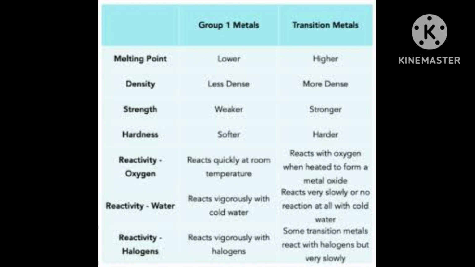You should remember: ferrous minus 0.44, cobalt is minus 0.28, nickel is minus 0.25, and copper is plus 0.34. Correct? This value is given. Explain the irregularity in the above values.